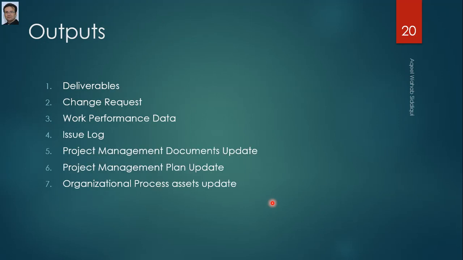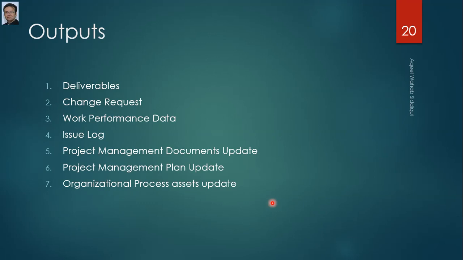And as far as outputs are concerned, always remember, in direct and manage project work, either you will produce a deliverable. A deliverable is any unique and verifiable product, result, or capability to perform a service that is required to be produced to complete a process, phase, or project. Deliverables are typically the outcomes of the project and can include components of the project management plan.